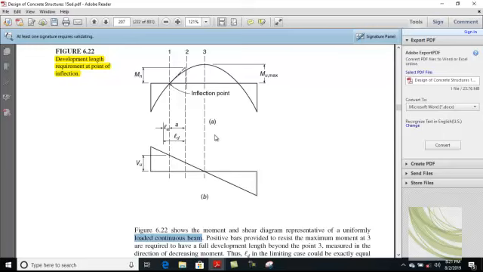Where the shear is 0, the moment is maximum. This is the theoretical cutoff point, which comes here, and the point of inflection is shown here. The shear at the point of inflection is known to be Vu.